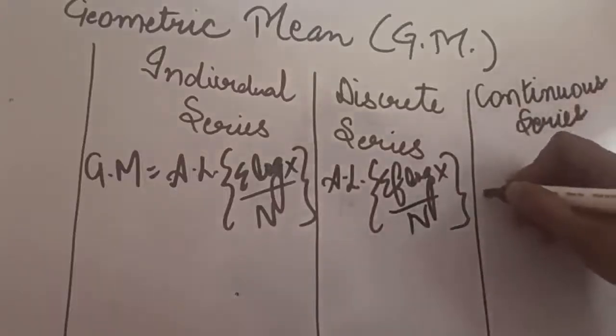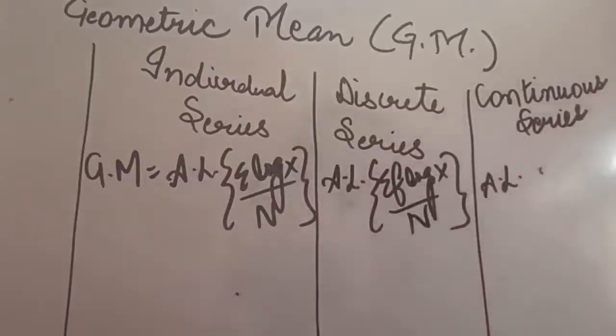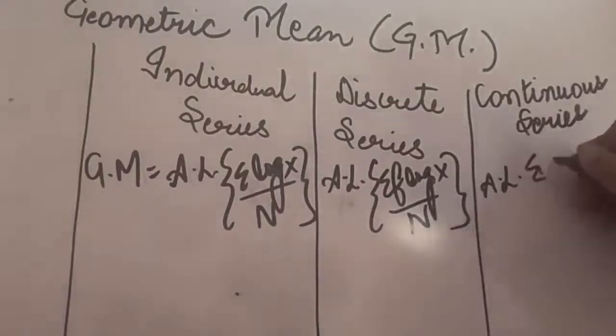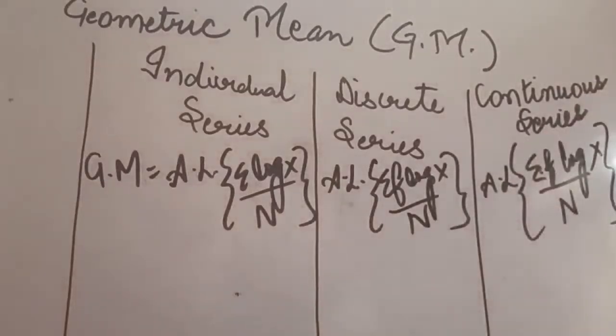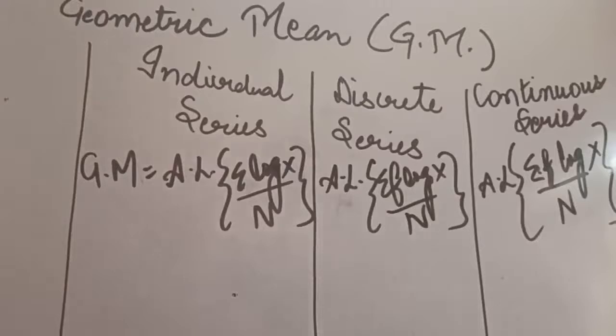And the same is the case with continuous series: anti-log of sigma f log x, here x will be the mid values, divided by n. So these will be the formulas for the calculation of geometric mean. Let us see the examples of all these series one by one.